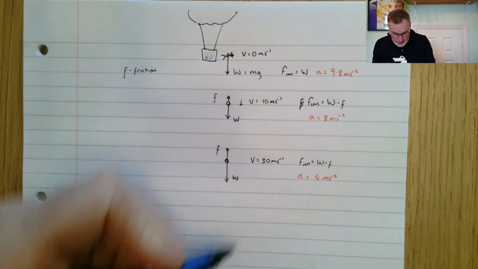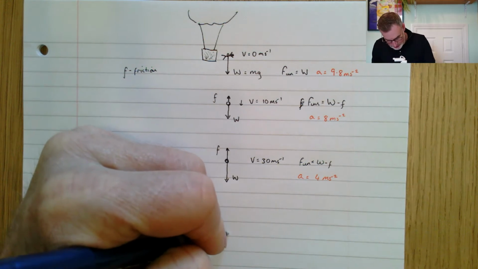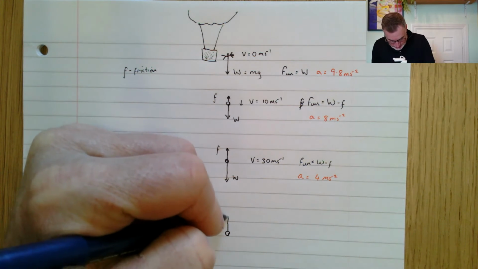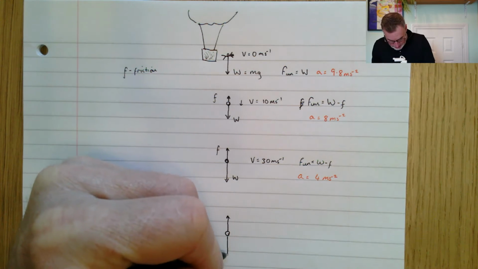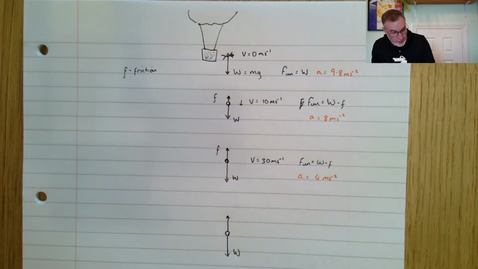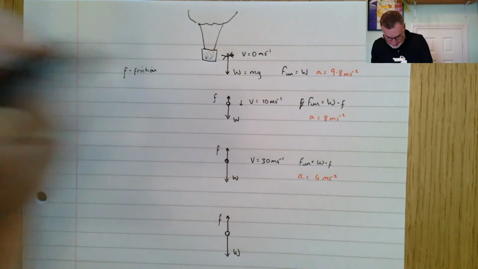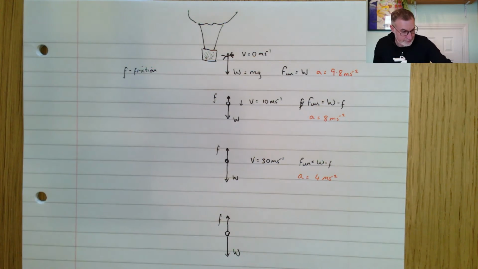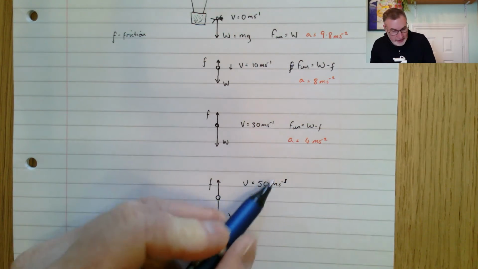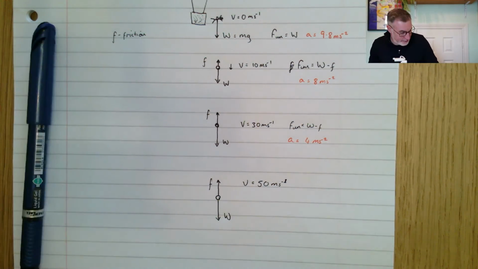And this will continue to a point where the weight force and the friction force are balanced. This will happen at around about a velocity of 50 meters per second.